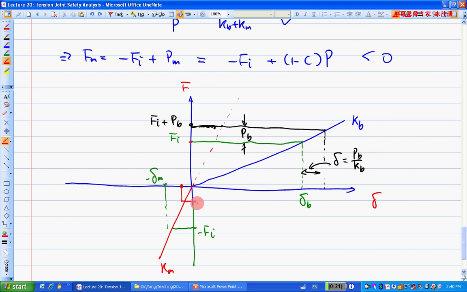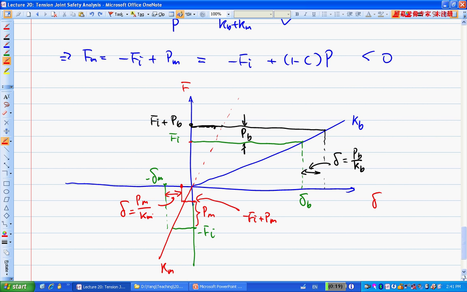What's the difference between these two? The difference is exactly PM. Then the absolute value here is negative Fi plus PM, and this portion of PM will cause a delta deflection, which should be the same as this much here.